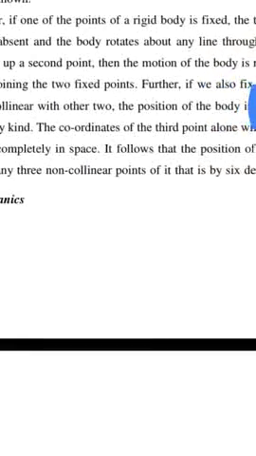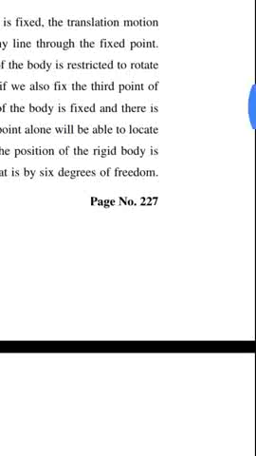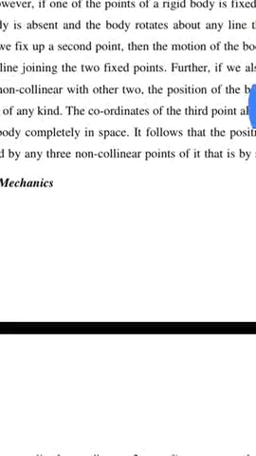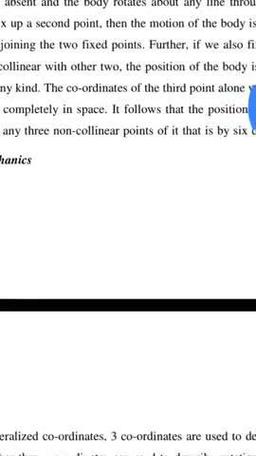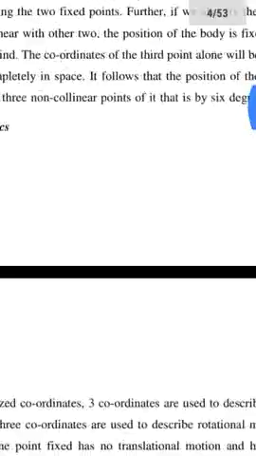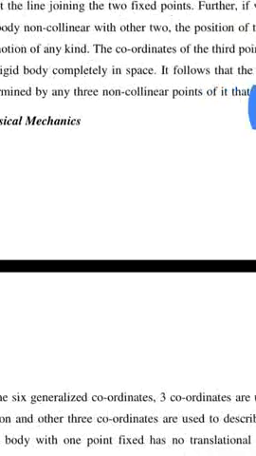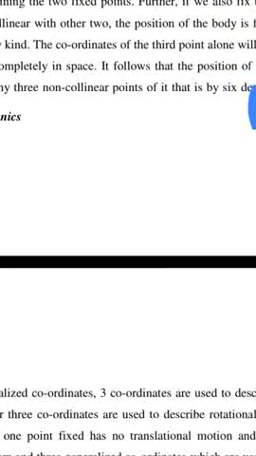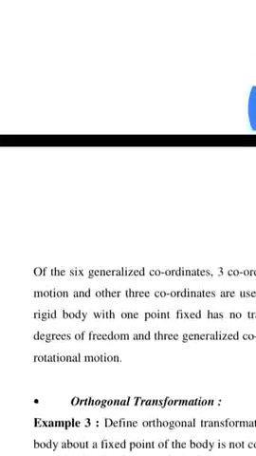The coordinates of the third point alone will be able to locate the position of the rigid body completely in space. It follows that the position of the rigid body is determined by any three non-collinear points of it, that is, by 6 degrees of freedom.